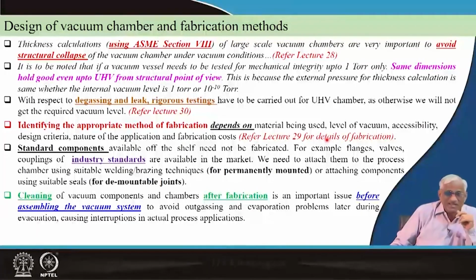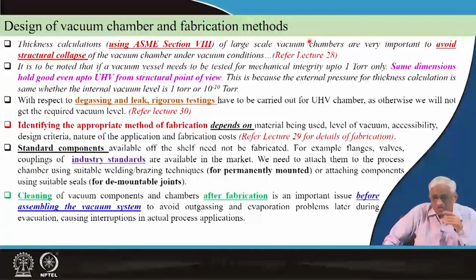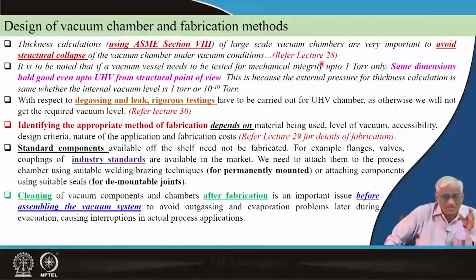But a vacuum system designer must be able to get a feel of fabrication issues like ASME Section 8 vacuum vessel design, which we have discussed in lecture number 28 for making the thickness calculations. You may not stick to that thickness, but you should know, 5 mm, okay, 8 mm, does not matter. Anyway, for ultra high vacuum, thickness more, diffusivity less, I will gain somewhere like that.